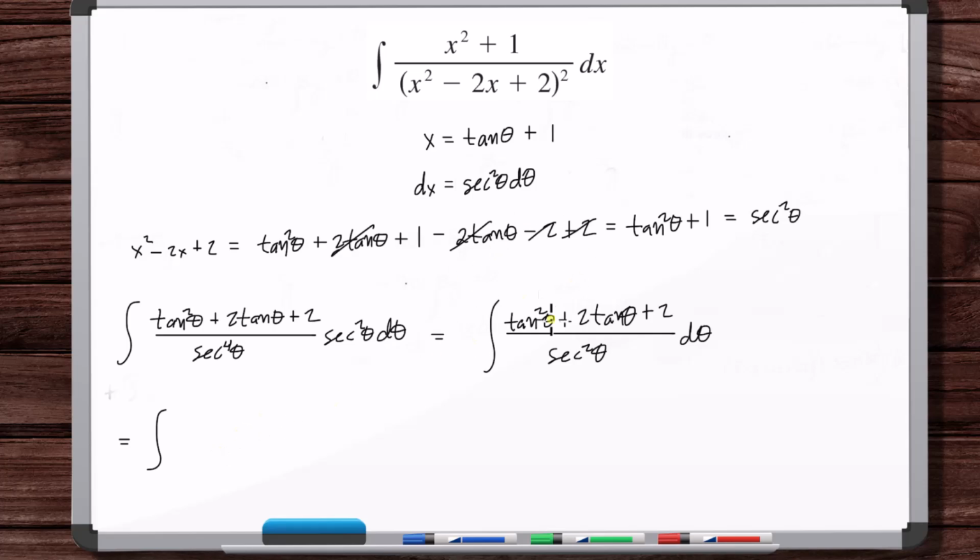It's nice that we can separate this out into 3 separate integrals. So tangent squared theta over secant squared theta. We've got sine squared theta over cosine squared theta times cosine squared theta, so this is sine squared theta.